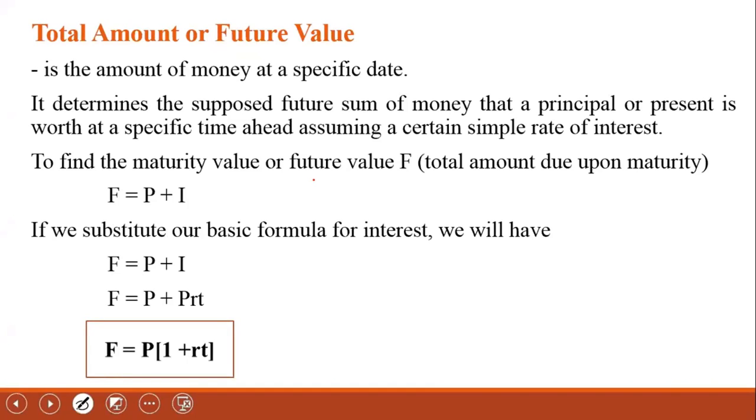So to find the maturity value or future value denoted as F, the total amount due upon maturity, F is equal to P plus I. And if we substitute our basic formula for interest, F is equal to P plus PRT. So the future value will be P times (1 plus RT). So that's the formula.